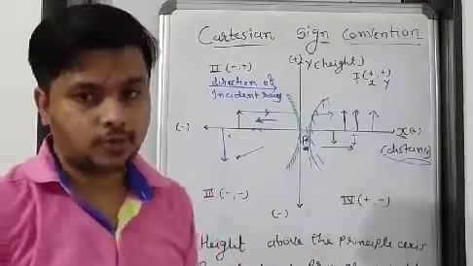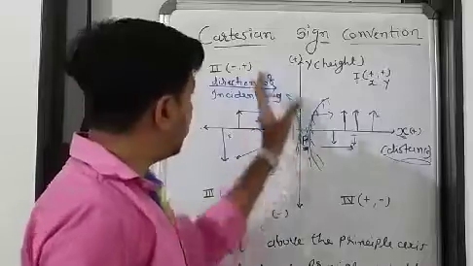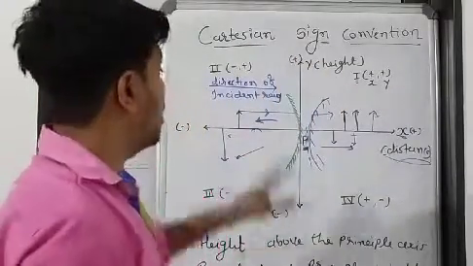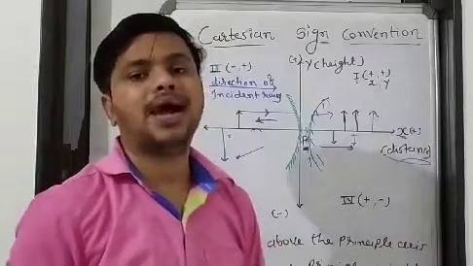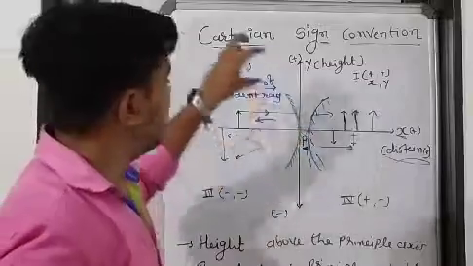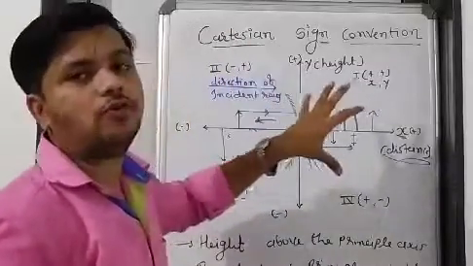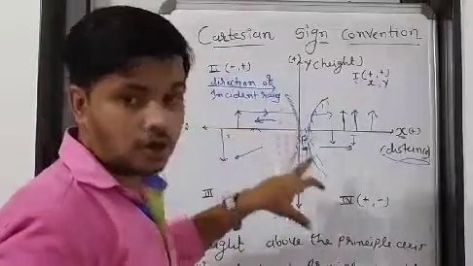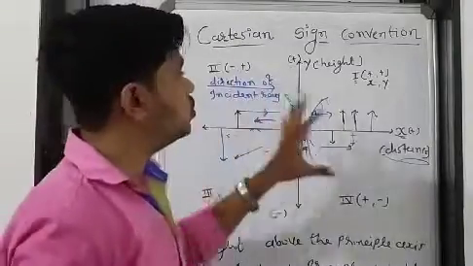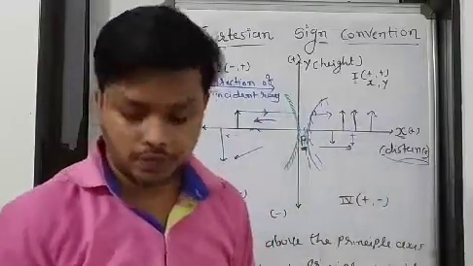Then you can take all of the distances according to the Cartesian sign convention, because then and only then the image can be formed by this law. According to this law, you can take a positive or negative value for that image, object, height or distance. So here is the most important topic for you.